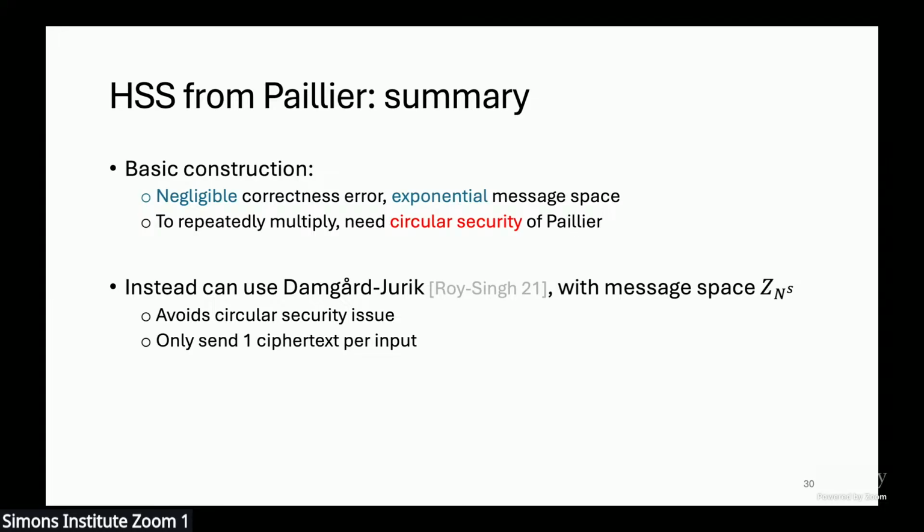And we have this catch where, if we do things naively, then every time we multiply, we also have to do this multiplication with encryptions of the input times the secret key, and we have this possible circular security issue. But it turns out there are nice ways to avoid that by using the Damgård-Jurik cryptosystem instead of Paillier, which basically generalizes Paillier to a message space of integers mod n to the s for some exponent s.